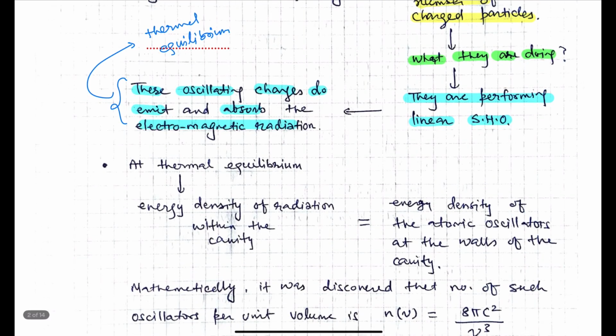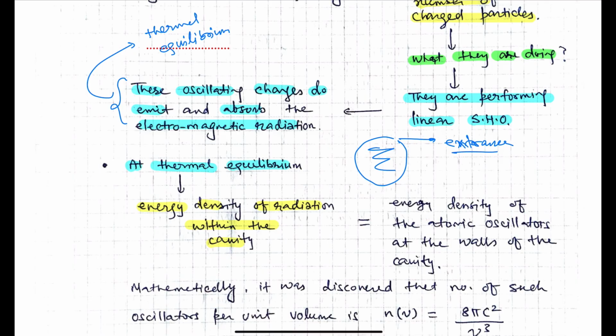So we could say that at thermal equilibrium, the energy density of the radiation within the cavity, so we have this black body, this is the entrance, and inside this cavity there is radiation being repeatedly reflected and absorbed at subsequent reflections on the surface.